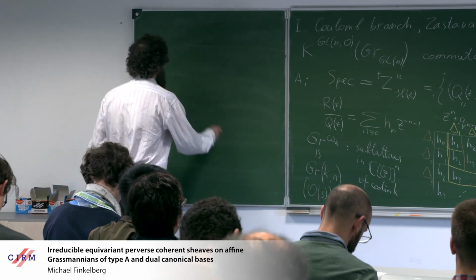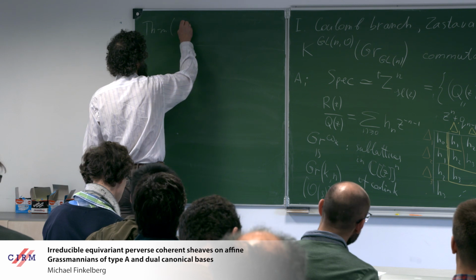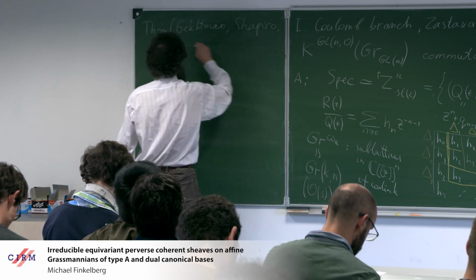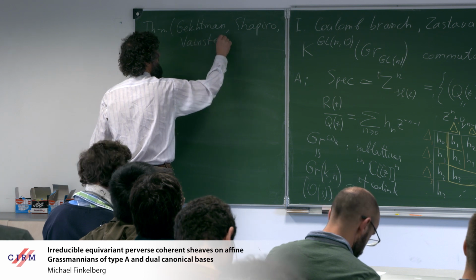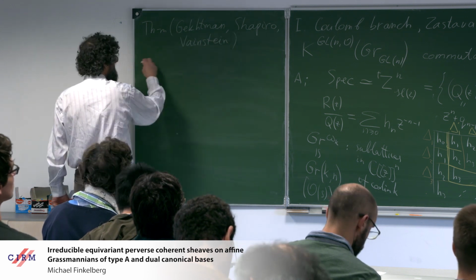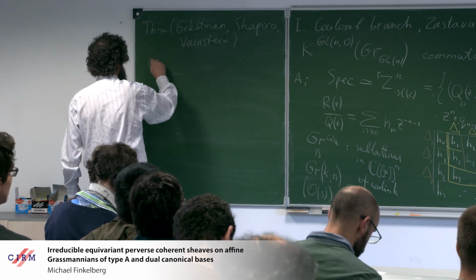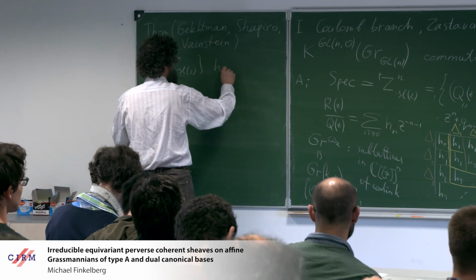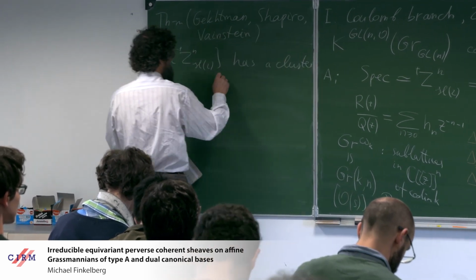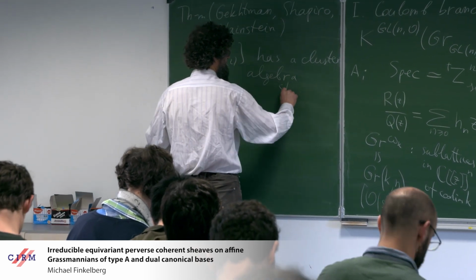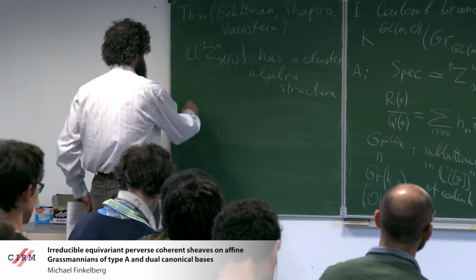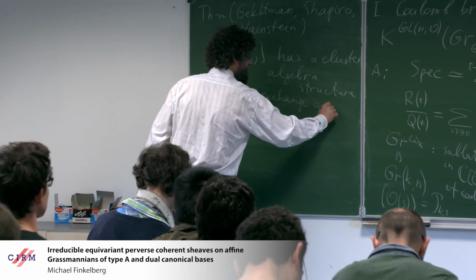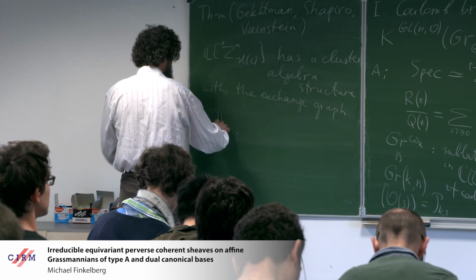And there is a theorem due to Fomin, Shapiro, and Thurston, or Weinstein, that this algebra of functions on Zastava space has a cluster algebra structure with the exchange graph given by this.